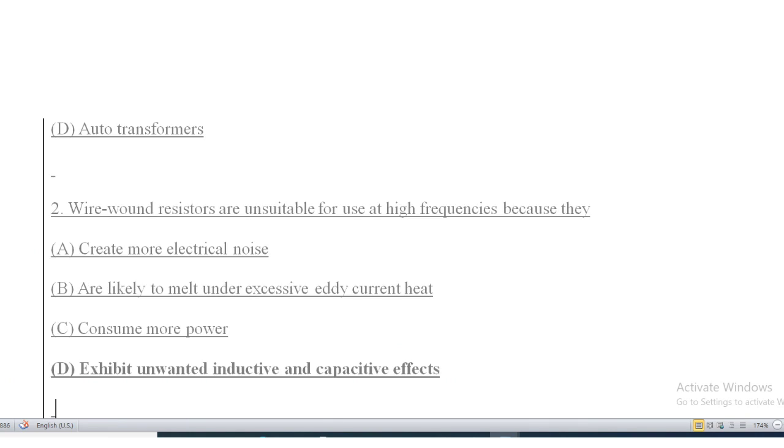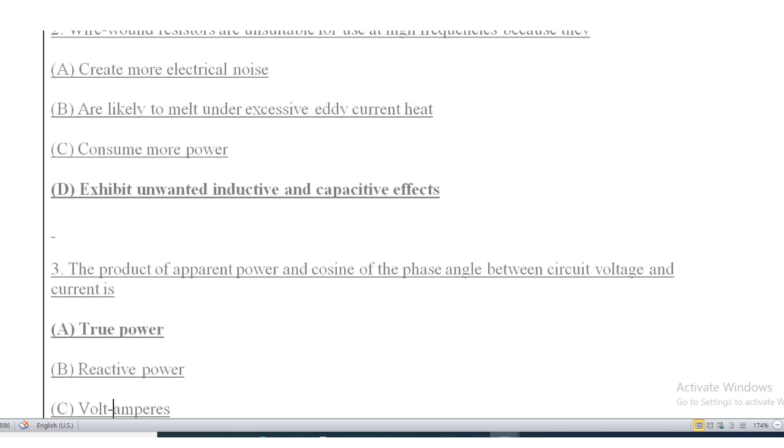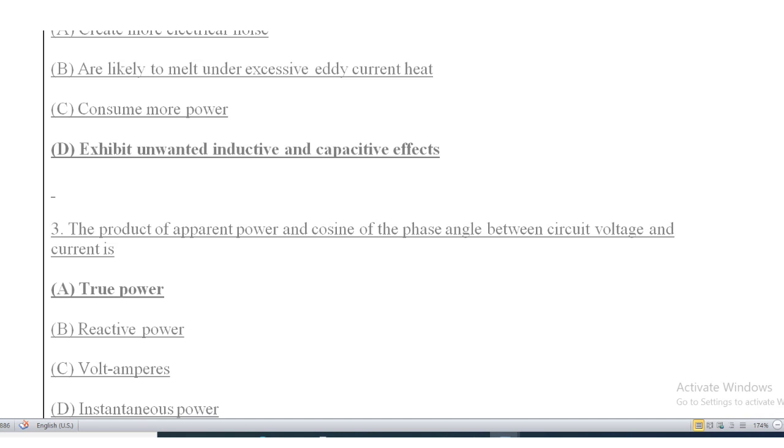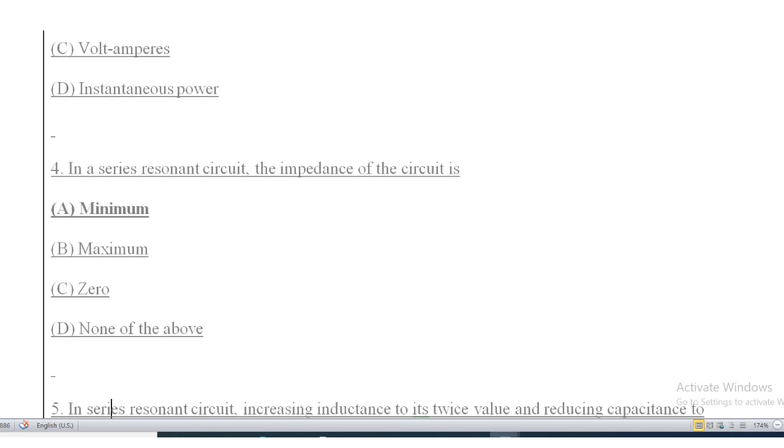Then wire wound resistors are unsuitable for use at high frequencies because they exhibit unwanted inductive and capacitive effects. The product of apparent power and cosine of the phase angle between circuit voltage and current is true power. In a series resonant circuit, the impedance of the circuit is minimum.